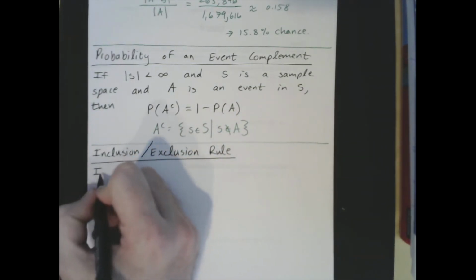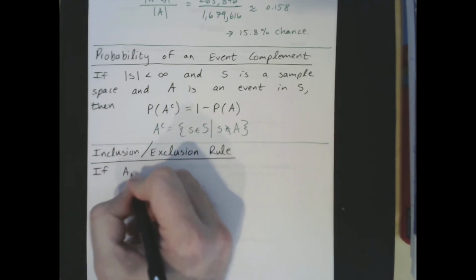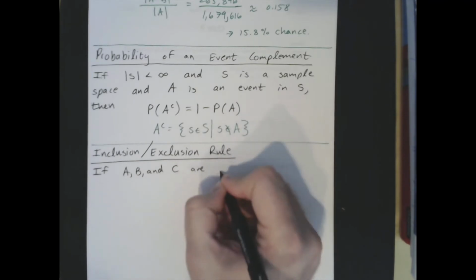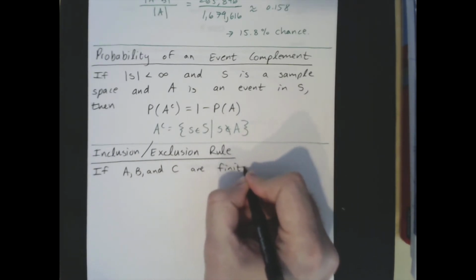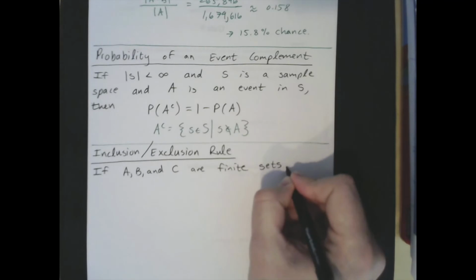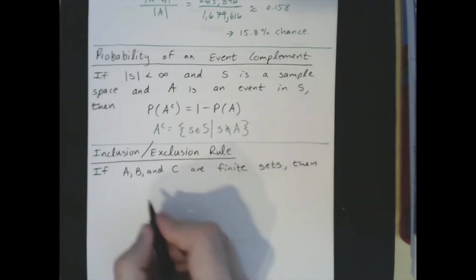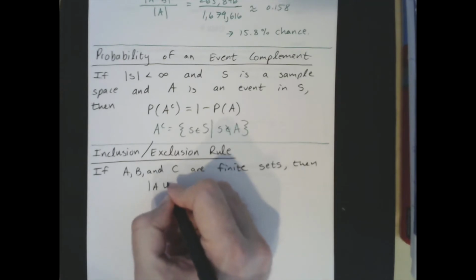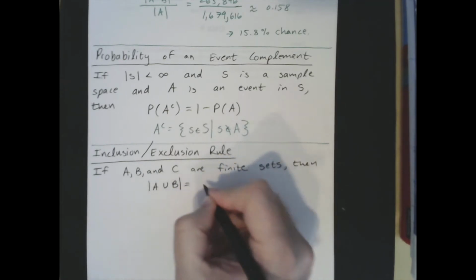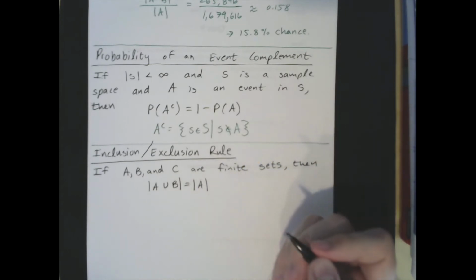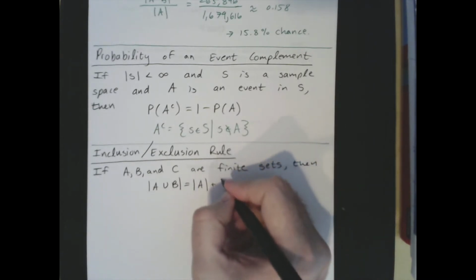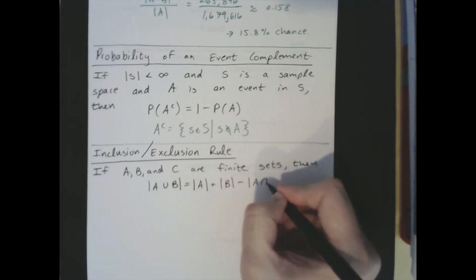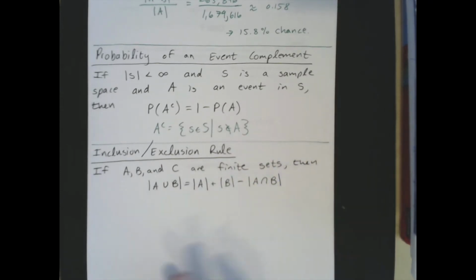And it's fairly intuitive. So if A, B, and C are finite sets, then the number of elements in A union B is equal to the number of elements in A, plus the number of elements in B, minus the number of elements in both.